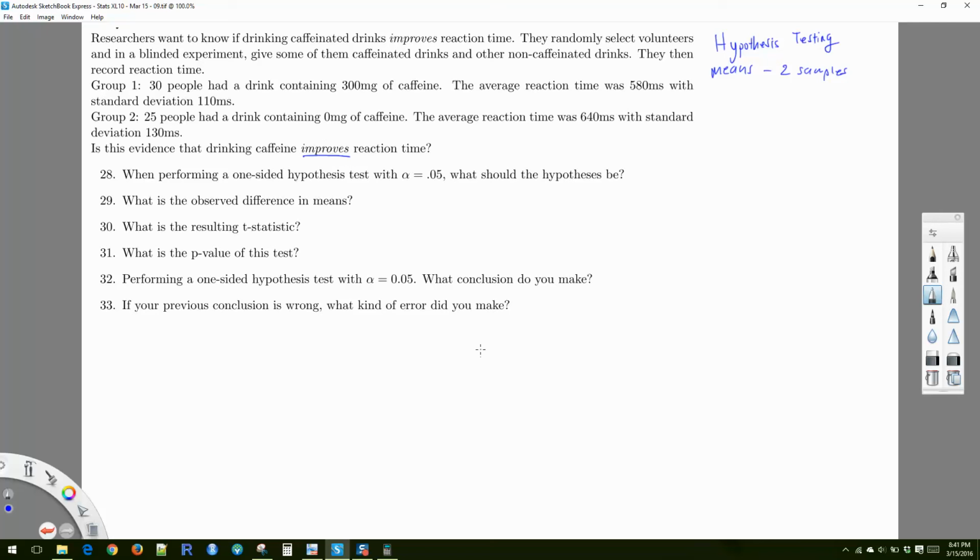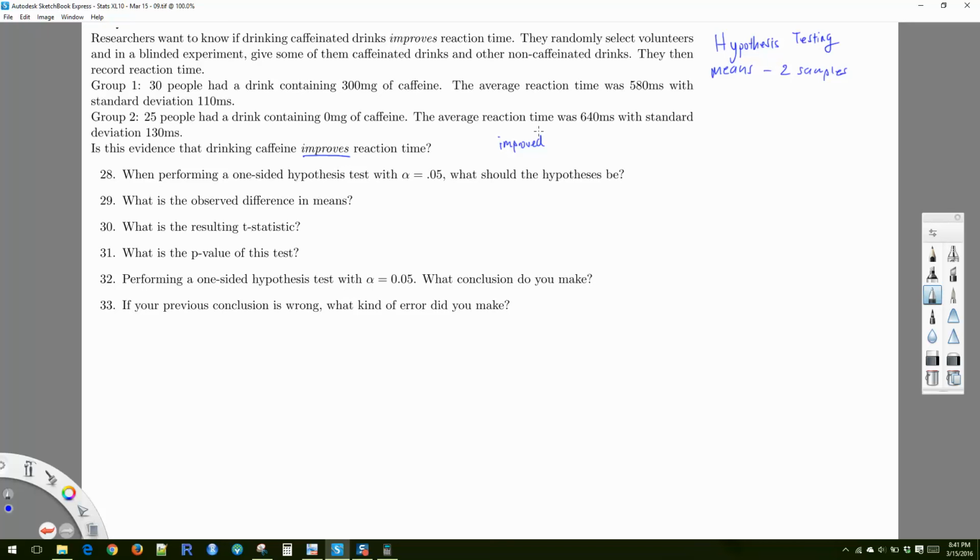What should the hypotheses be? So what does it mean to improve your reaction time? Does it take you longer or less time to respond to something? You've got to think about what these things mean, okay? It's not tricky, you just have to think. Improved your test score means your score went up, right?